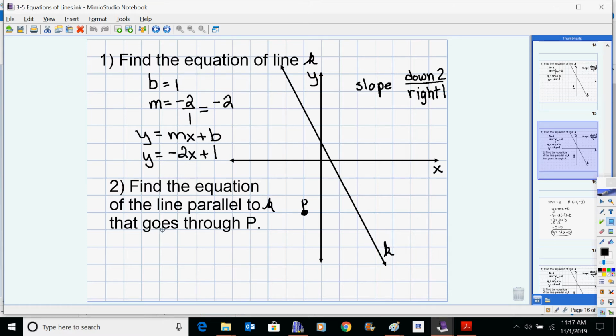So what do we know about parallel lines? What do we know about their slope? They're the same. So once again, what was the slope of this line? Negative 2. So our slope has to be the same when we find an equation of a line parallel. We also know the ordered pair that goes with this point, P. What is it, CJ?